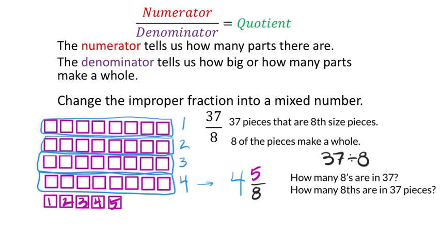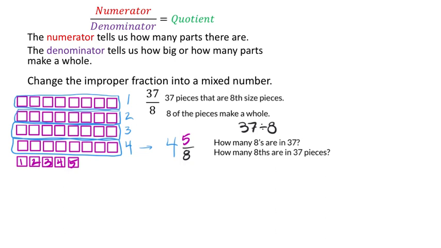So, in order to work with this information, I would take 37 and divide it by 8, where I know the quotient is going to be my whole value in the mixed number, and the remainder will be the numerator.